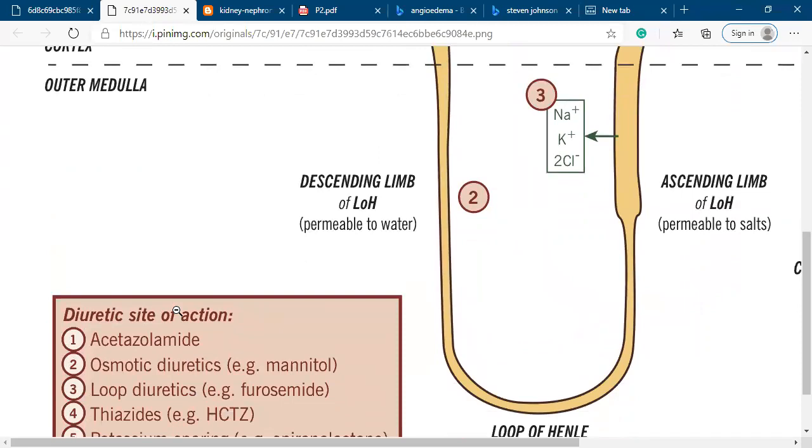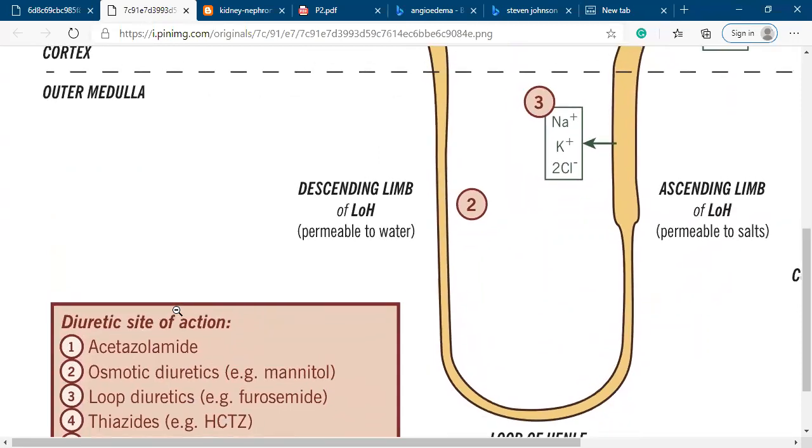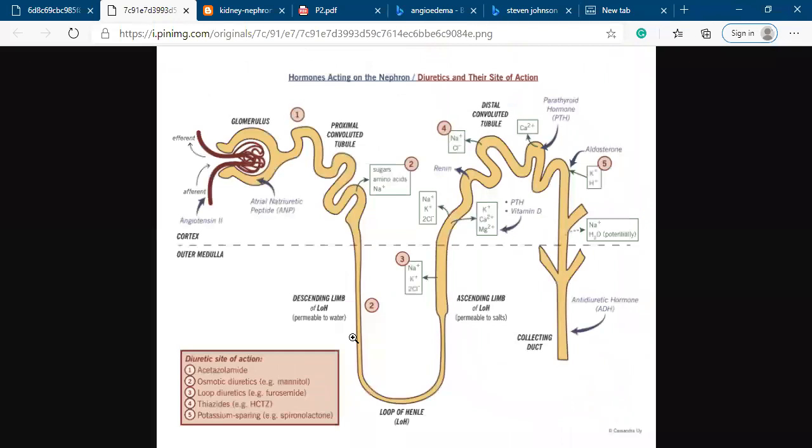Osmotic diuretics like mannitol work in this area, especially the distal convoluted tube. This is number 2. This is called the descending limb of Henle, this is the loop of Henle, and this is the ascending limb of Henle. So the loop diuretics work in the loop of Henle.